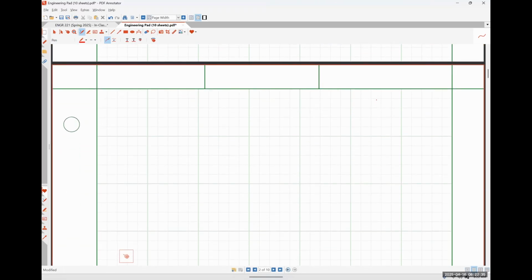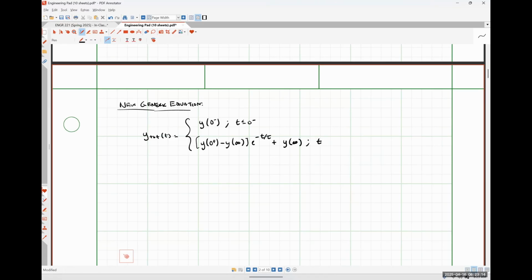So y total as a function of time will be equal to y at 0 minus for t less than or equal to 0 minus, and then y at 0 plus minus y at infinity, e to the minus t over tau, plus y at infinity for t greater than or equal to 0 plus. That is the new generic equation that we are going to use in step 5.